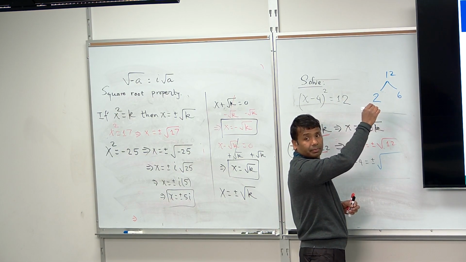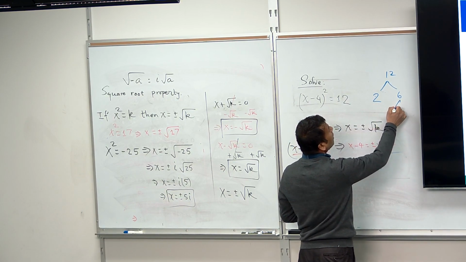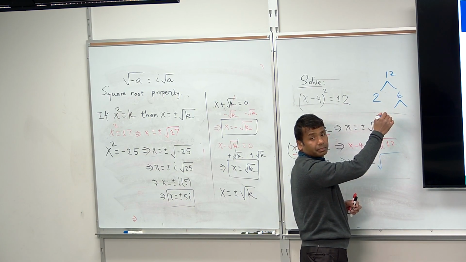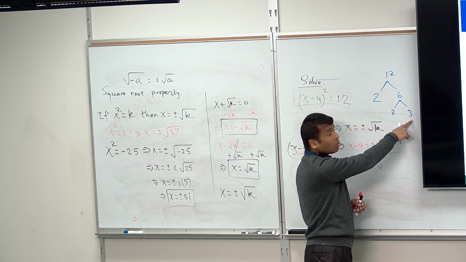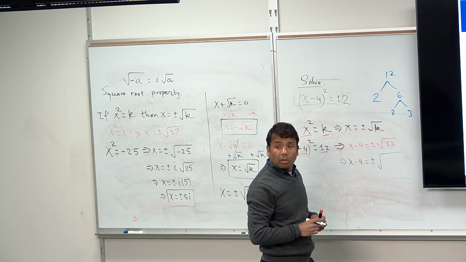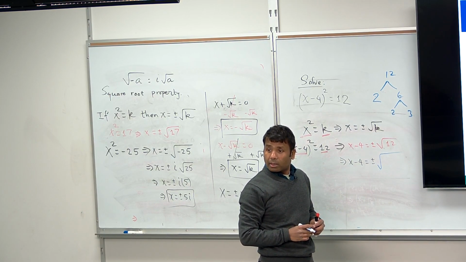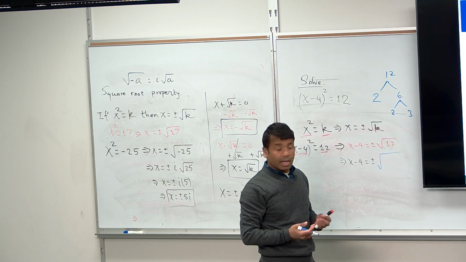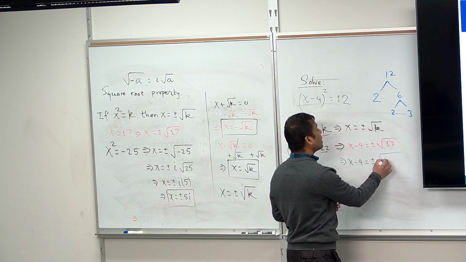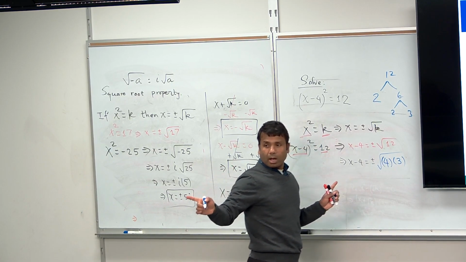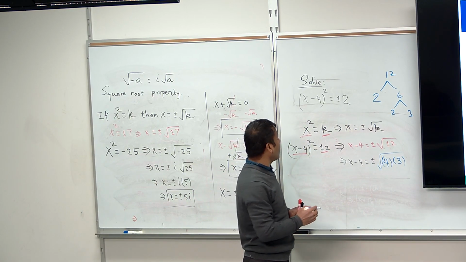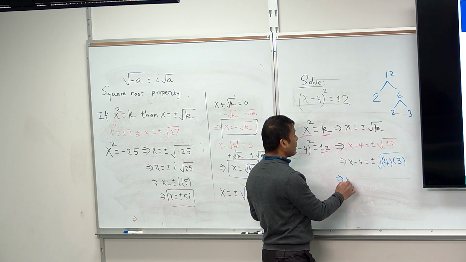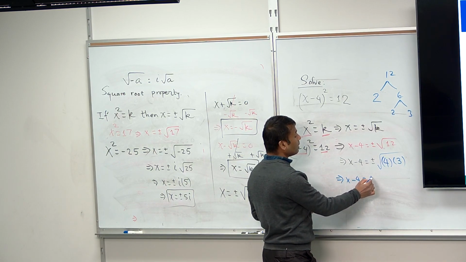What is the least prime number that divides 6? 2 and 3. So 2 times 2 times 3. What is 2 times 2? 4. Is 4 a square number? Yes, so now you can write this as 4 times 3. You got it?